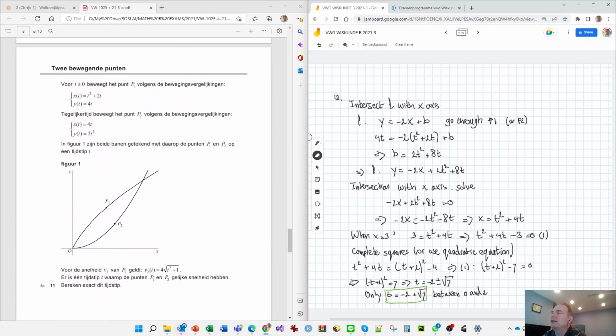I demand that 4t is equal to minus 2 times the x coordinate plus b, and b is then equal to 2 squared plus 8t. So my line L is given here.